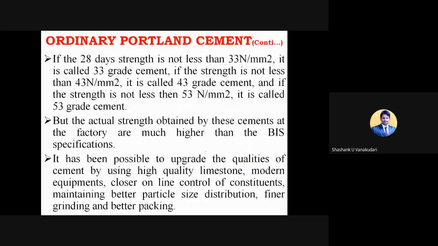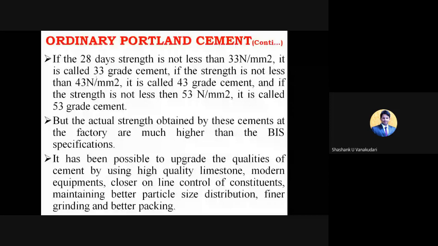Here they have given the explanation: if the 28 day strength is not less than 33 Newton per mm square, then it is considered OPC 33 grade cement. Similarly, if the strength is not less than 43, then it is 43 grade cement. And similarly, 53 Newton per mm square, which is not less, means we can call it 53 grade cement. So these numbers are purely dependent upon the compressive strength of the cement after 28 days of curing. Please keep that in your mind.